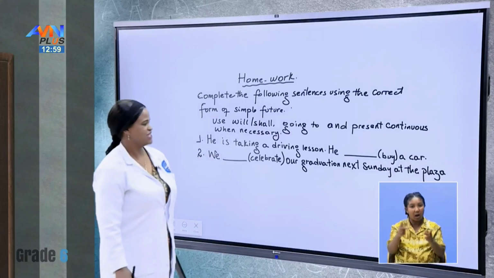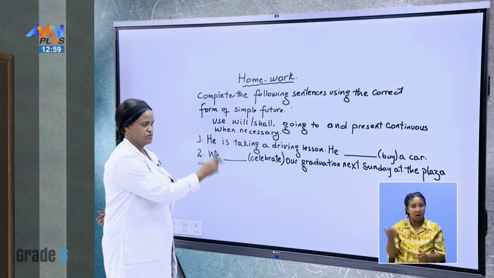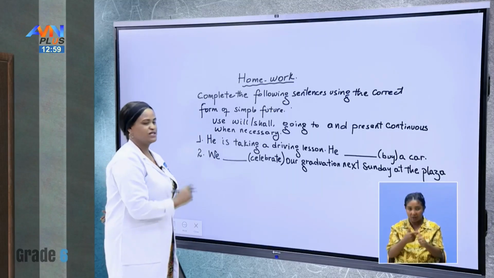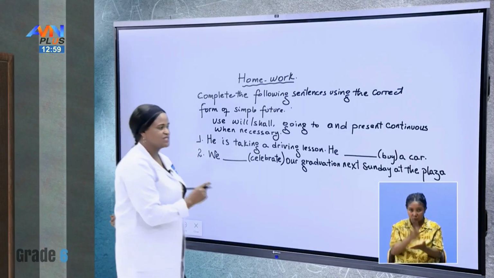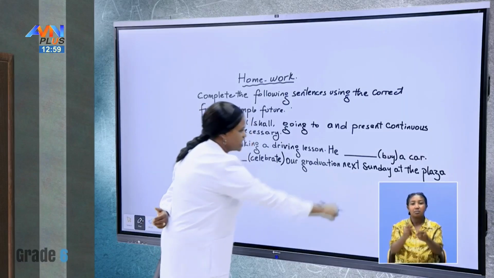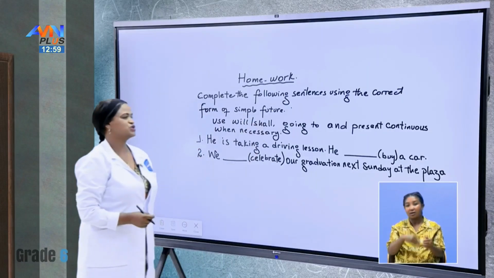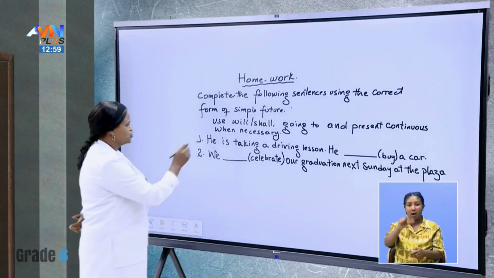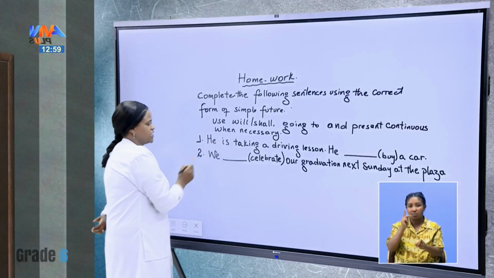What do you see? When it says celebrate, one, it is a celebration of a graduation, and the other, there comes next Sunday, and there is also a place which says the plaza. Which one do you think is perfect for this sentence?